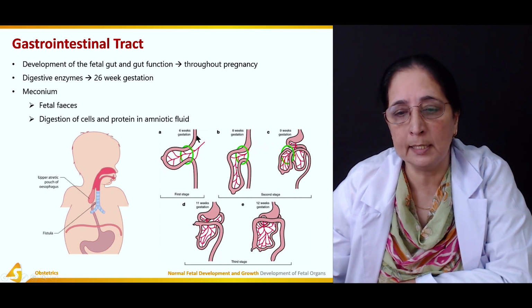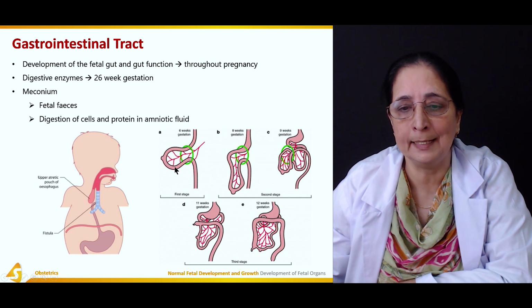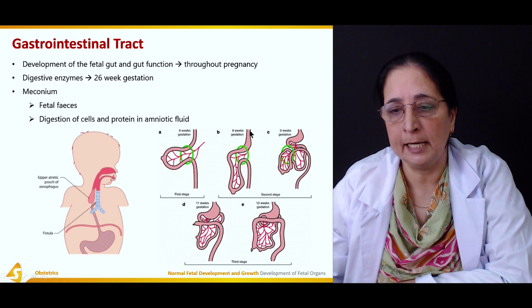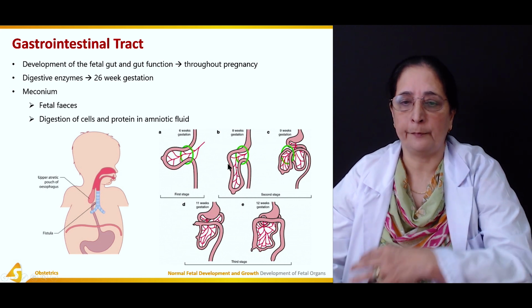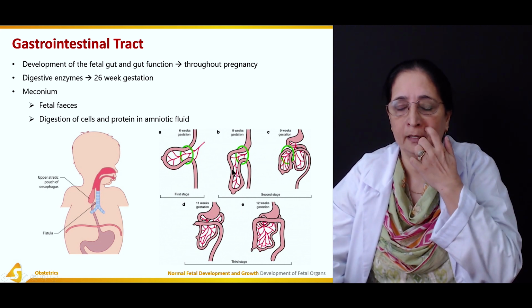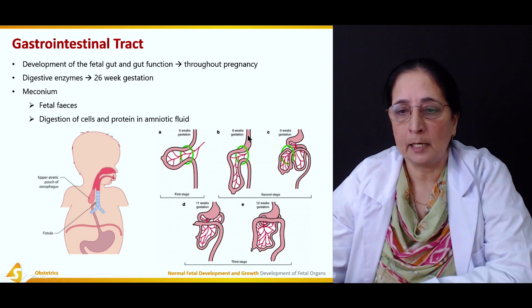At 6 weeks gestation, there is beginning of the formation of the gut. And then at 8 weeks gestation, it's prolonging bigger and bigger, and then the stomach is starting forming at the top.